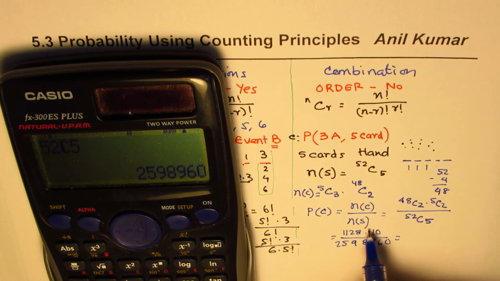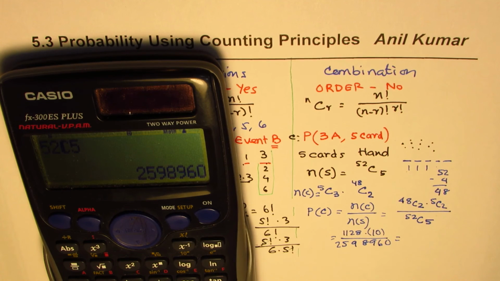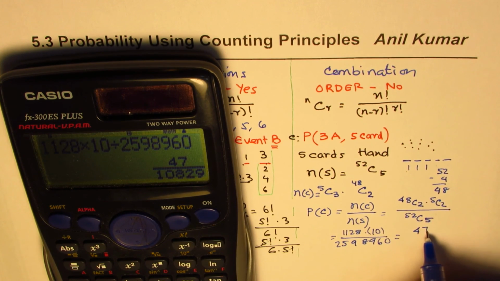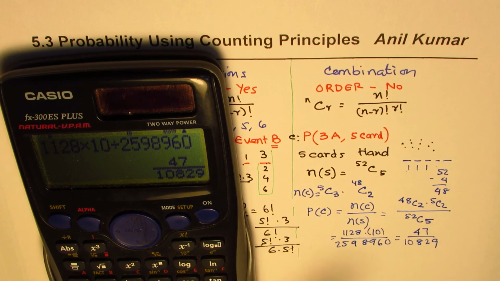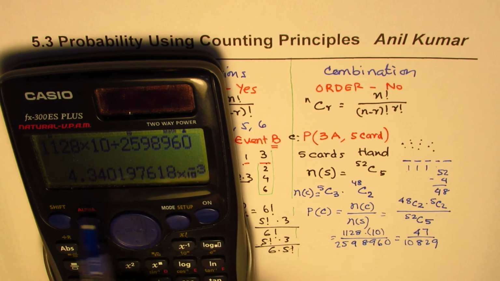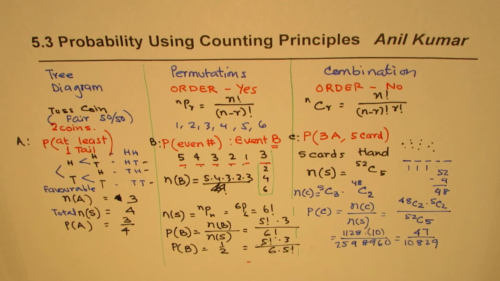You can now multiply and divide and get the answer. So we'll do 1128 times 10 divided by 2598960, which is about 0.00434, a small number, which you could write as a fraction or decimal. That is how we can solve such a question.